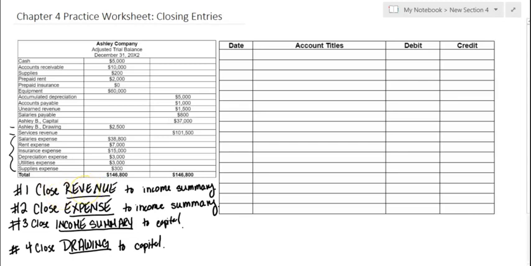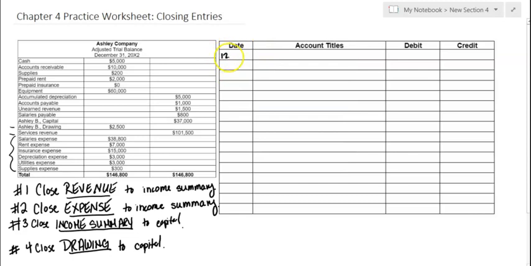When we close our revenue, our revenue account has a normal credit balance of $101,500. To close that, we have to debit. Let's go ahead, start our journal entry, 20x2. Second, let's redo that one real quick.